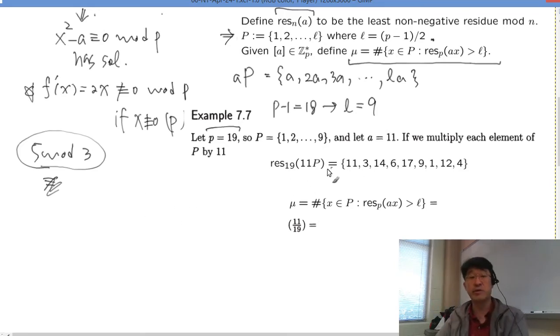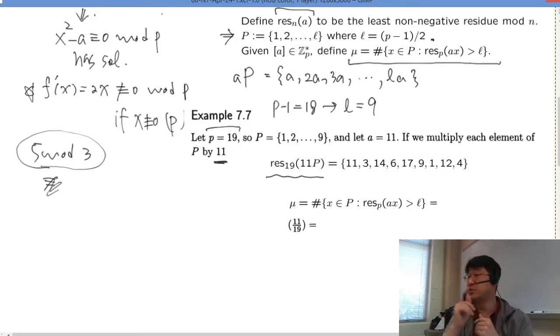But if you just choose the first half of them, then what do we do? We multiply by this A, which is 11 there, right? If you multiply by 11, you can see the numbers get bigger, right? But I did the remainder in here. I wrote it down. So I've used a notation. Instead of the number remainder, I did all that to the elements inside 11 times p and wrote down remainders in there.